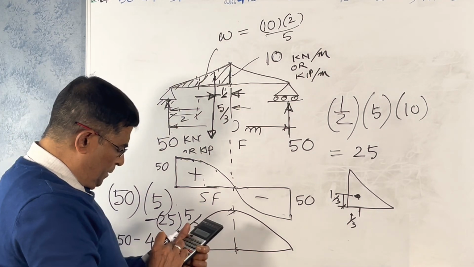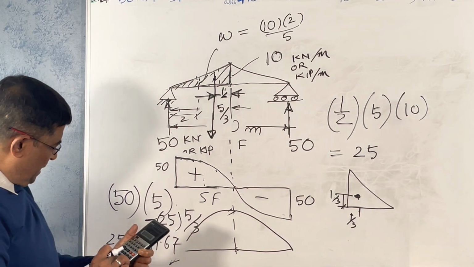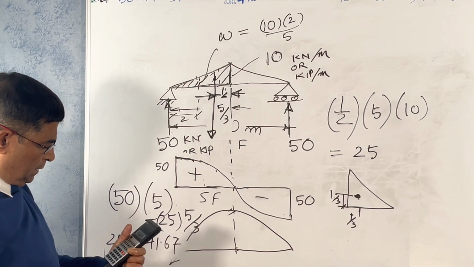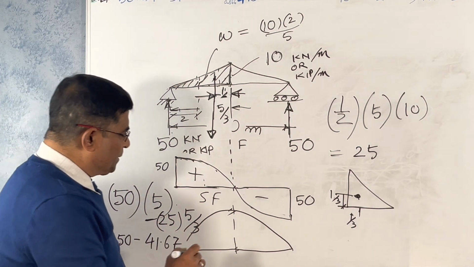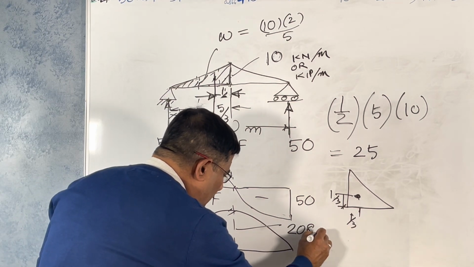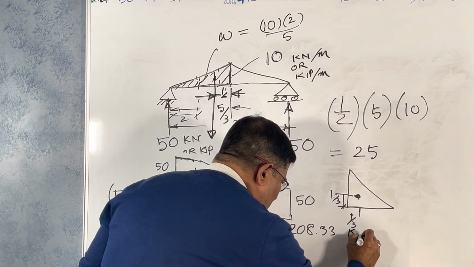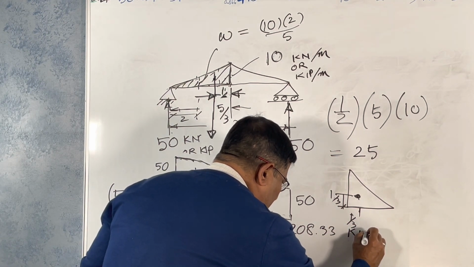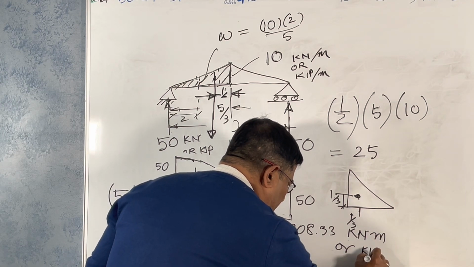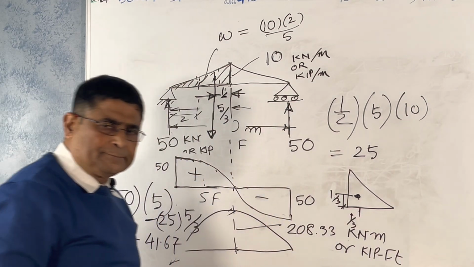So it is 250 minus 41.67, which is 208.33. So this value is 208.33. The unit is kilonewton meter or kip-feet, depending on which unit you are using.